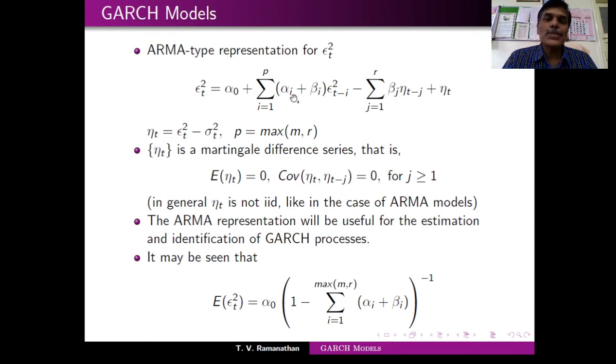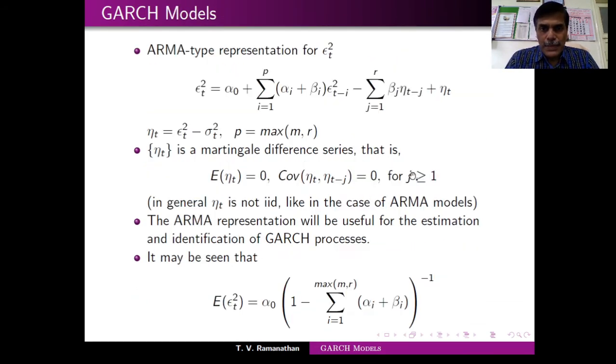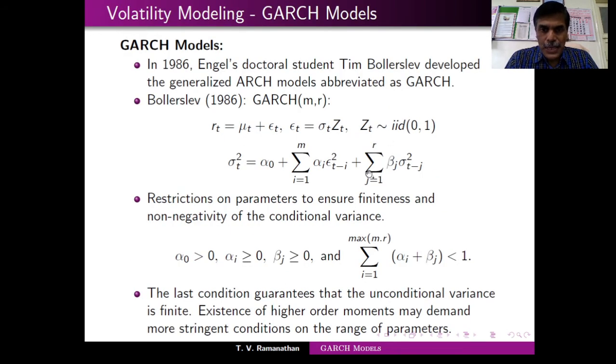So here I am assuming that epsilon t square is stationary, so epsilon t square and epsilon t minus i square have the same expectations. Therefore the expectation turns out to be this. Now, you may think that this is more complex because I have p terms here and m terms and r terms. It's pretty difficult to handle this.